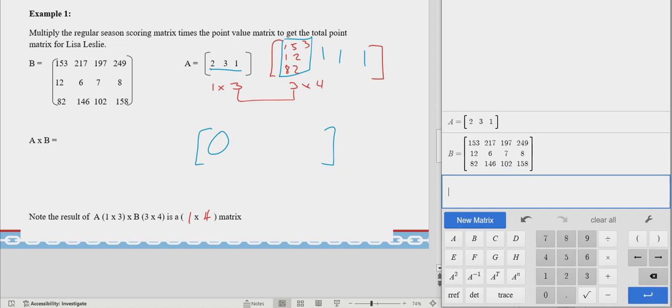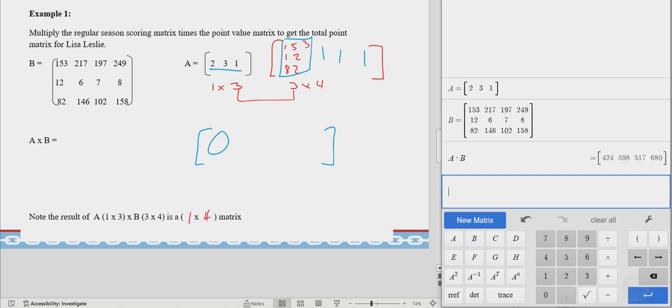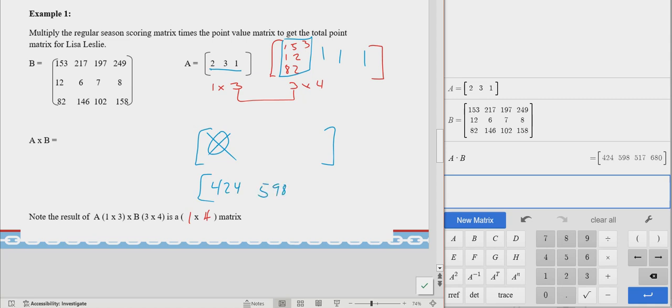Once I have that done, the hard work is done, and I will just tell the calculator I want to multiply A times B. And when I hit enter, I get my product matrix there. We do see that it is a 1 by 4, right? So the 424, 598, 517, and 680.